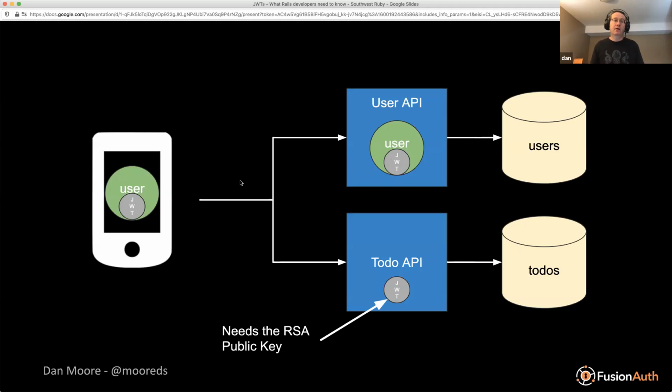And then once the JWT is signed, it gets passed to the client. The client, again, doesn't really look at it, just treats it as an opaque token, and passes it to the to-do API. The to-do API now needs to get the public key of the key pair that corresponds to the private key that signed the JWT, to verify that the JWT was unchanged in flight.